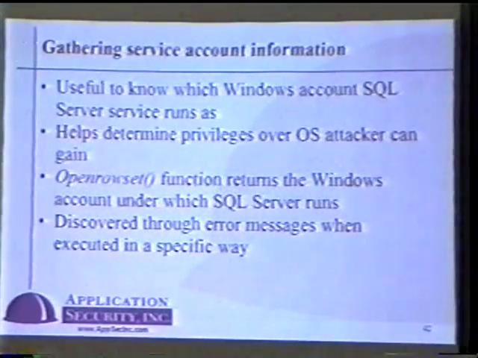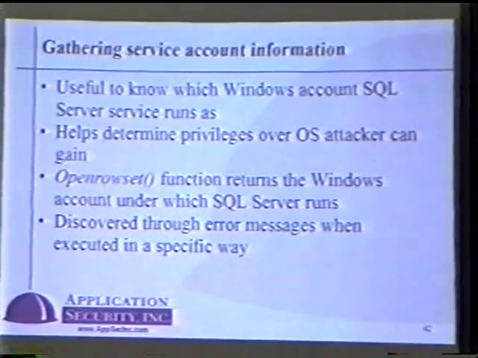Sometimes it's very useful to know under which Windows account the SQL Server service runs. This helps an attacker determine what privileges will be gained over the operating system when executing commands or exploiting buffer overflows.